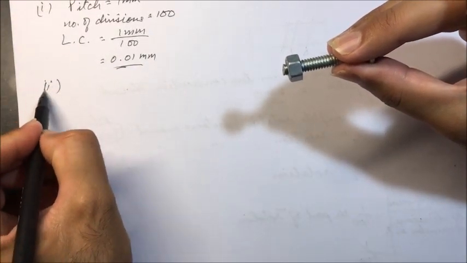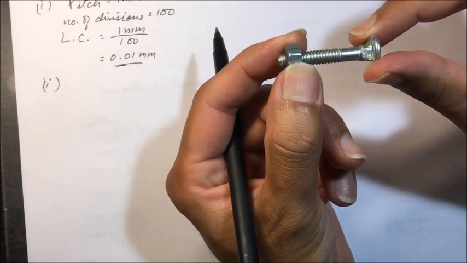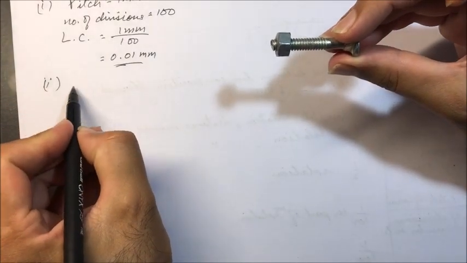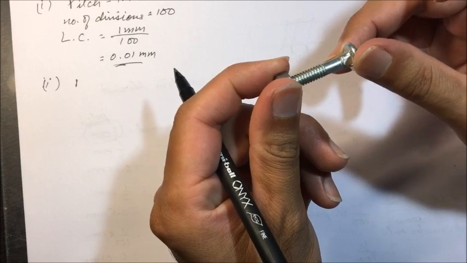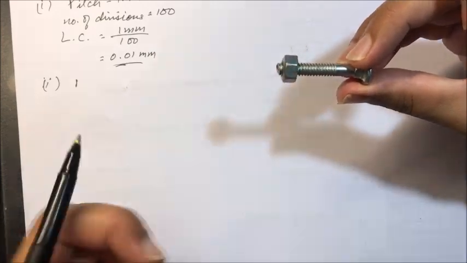This is the least count of that particular screw. If, for example, we are giving two rotations to a certain screw, different from this one, and the distance moved is 1 mm, in two rotations it has moved 1 mm. So in one rotation it will move half a mm, that is 0.5 mm.